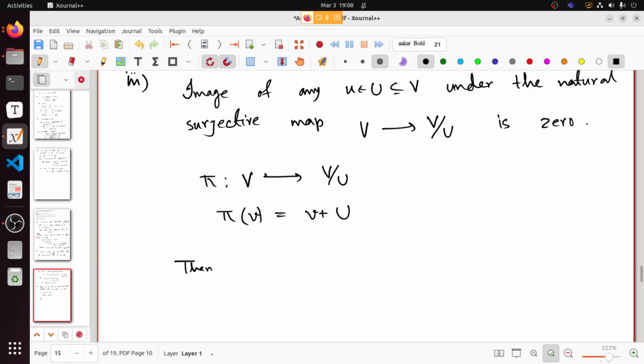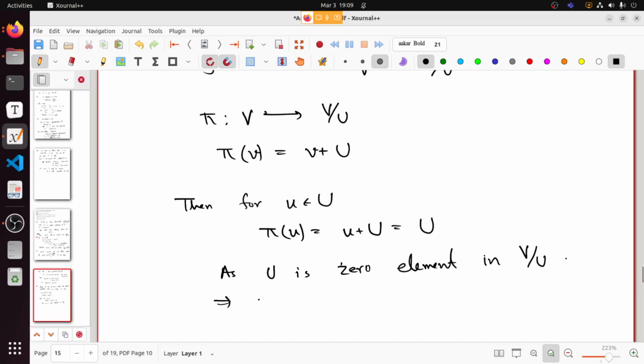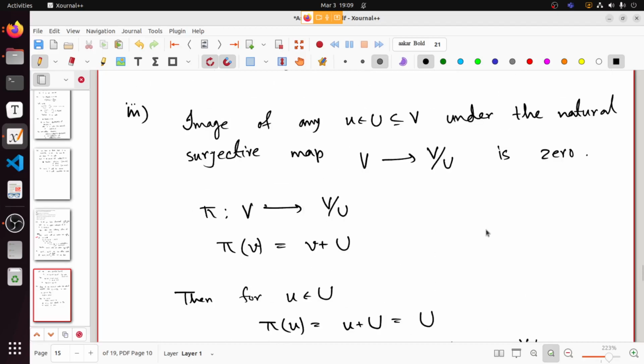Then for u in U, pi of u is u plus U, which is U. And U is the zero element in V mod U. Therefore the image of U is the zero vector under pi. So option number 3 is also correct.